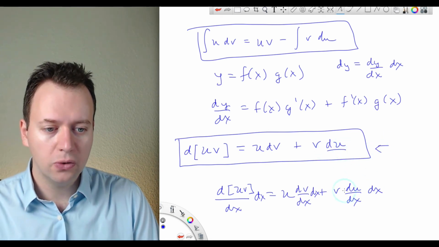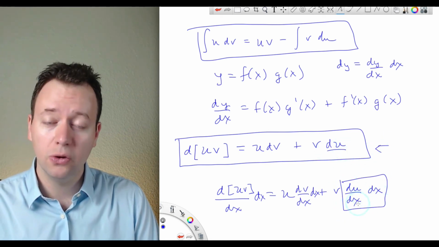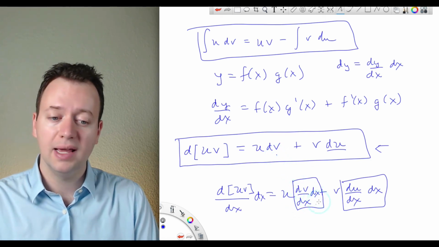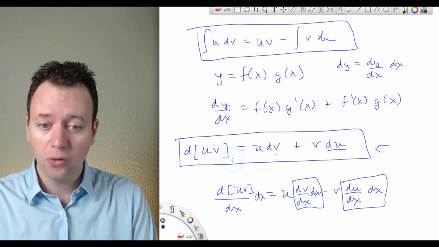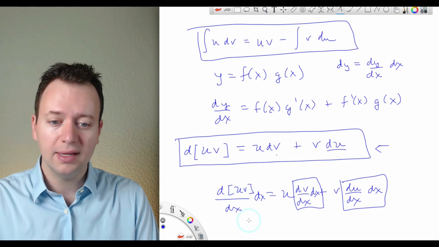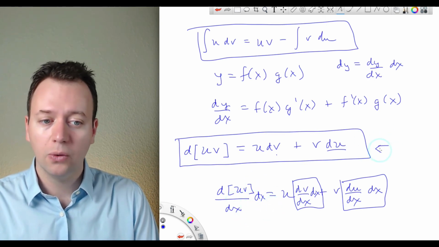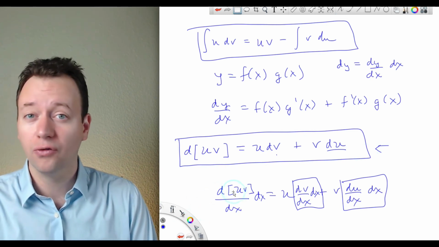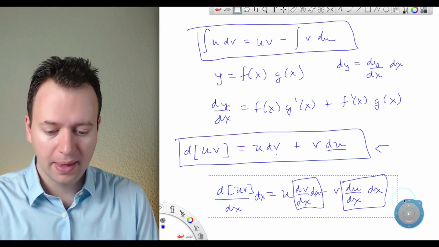So the du literally represents du dx times dx. The dv literally represents dv dx times dx. And the d(uv) represents d(uv) dx times dx. So this equation is exactly the product rule expressed using differentials instead of derivatives.